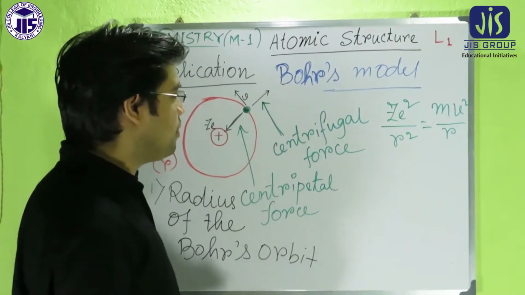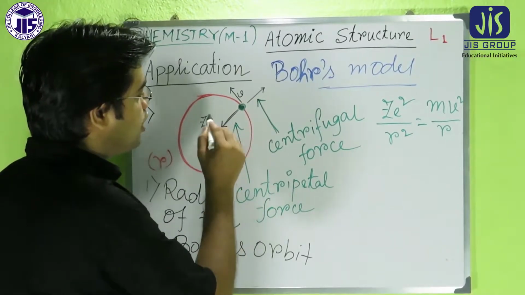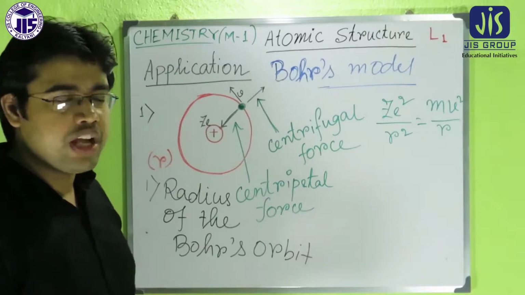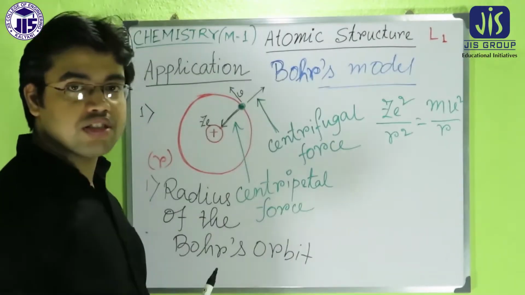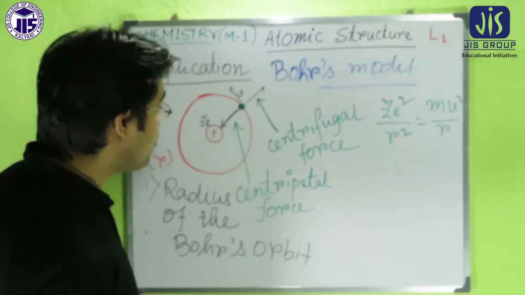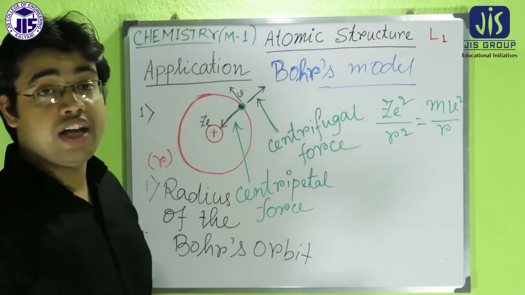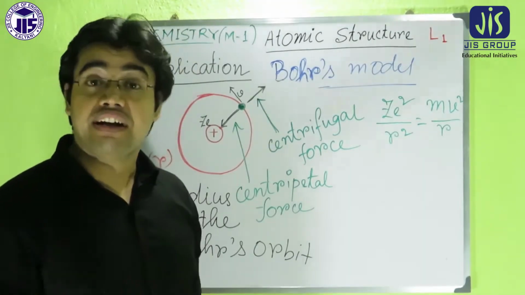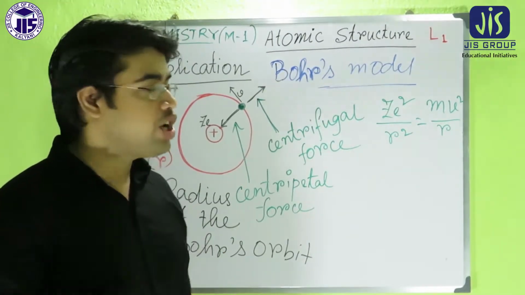For that purpose, look here. We already discussed that there are two types of forces acting in opposite directions. First, in the inward direction there will be the electrostatic attraction force, or the centripetal force, and in the outward direction the centrifugal force, and those two forces are the same but in opposite directions, and that is the main reason behind the stability of the atom.